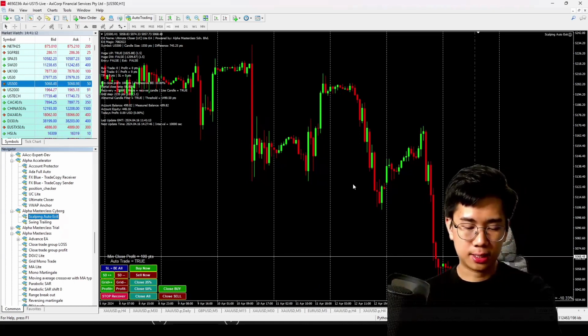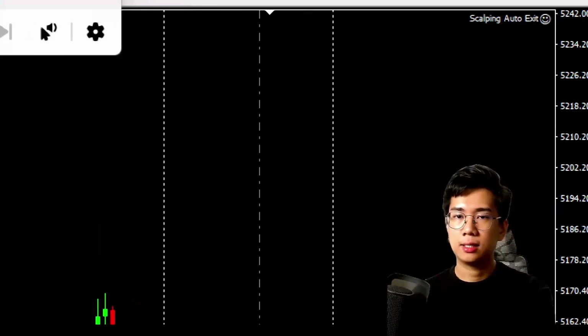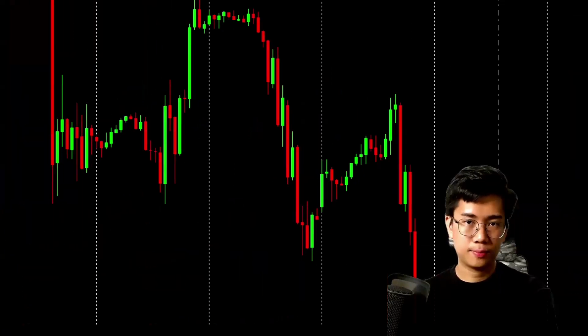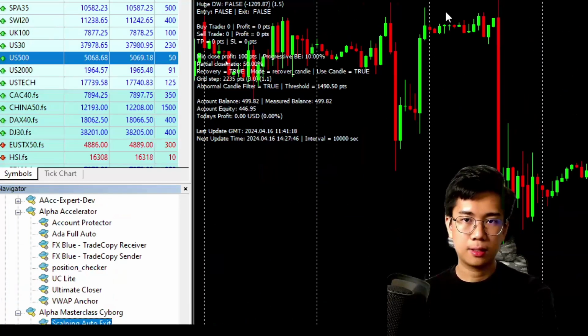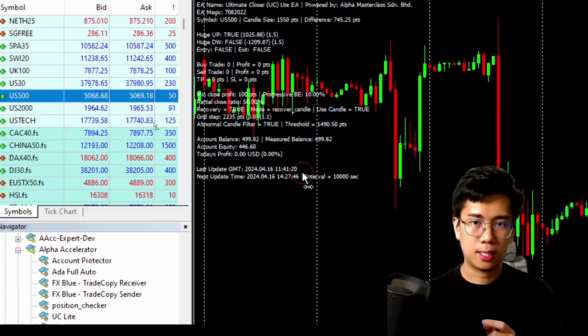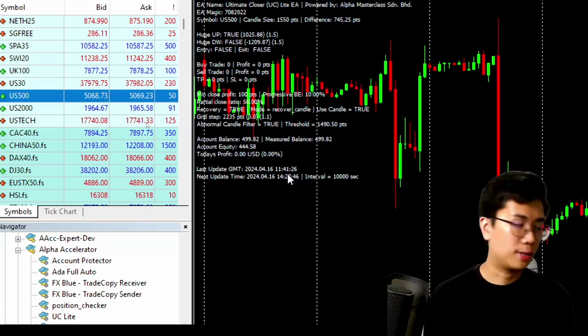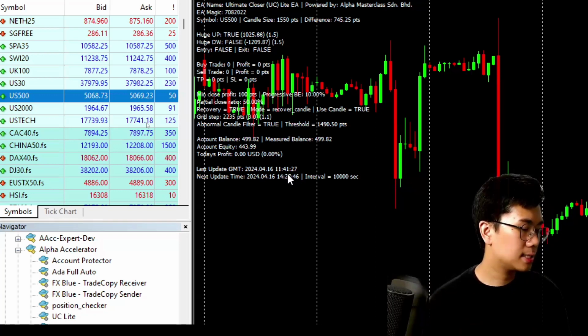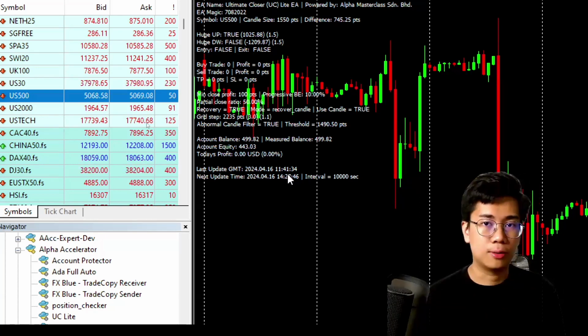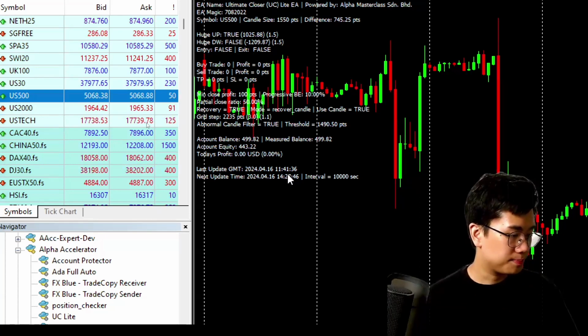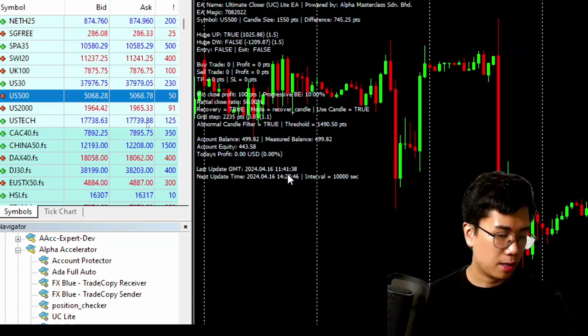As long as I can see the chart, the face is smiling, and the time here, the last update time, is ticking, it means that the robot is running correctly. And with this said, this is the process of setting up the robot into the trading mode.